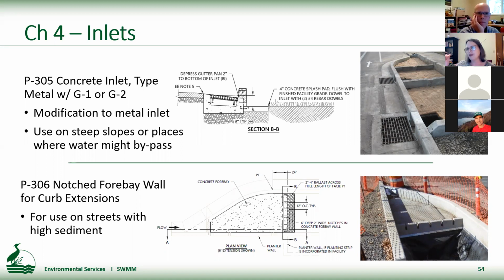And you can see the really shallow catch basin, and that catch basin connects with the splash pad into the facility. So the water has two ways to get into the facility, both through the grate and then taking that 90-degree turn through the inlet. And then here's the companion detail for the curb extension with notched forebay.